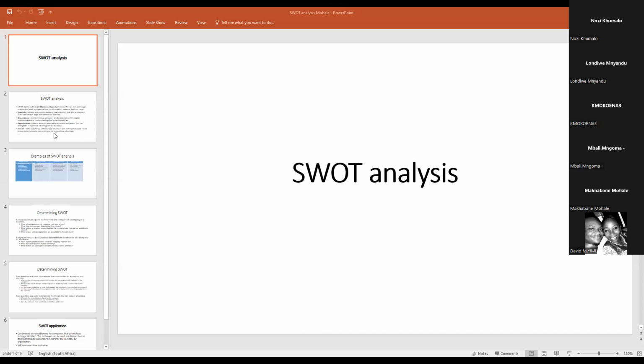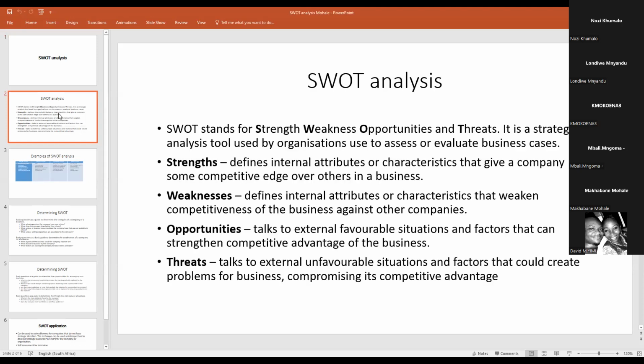Hello, guys. I'll be presenting first on the SWOT analysis. SWOT stands for strengths, weaknesses, opportunities, and threats. Basically, it is a strategic tool that is used by organizations to assess or evaluate business cases. Strengths define internal attributes or characteristics that give a company a competitive edge over others in the business.